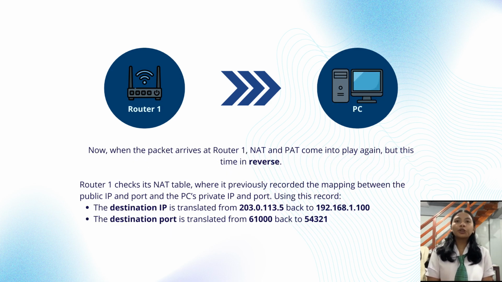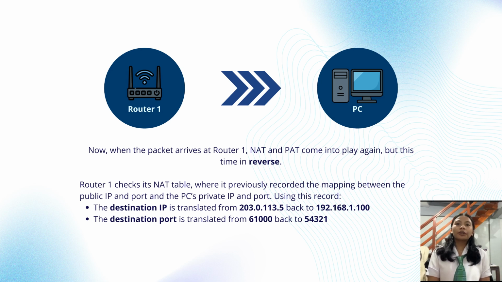Next is from router 1 to PC, or NAT reversal. Now, when the packet arrives at router 1, NAT and PAT come into play again, but this time in reverse. Router 1 checks its NAT table, where it previously recorded the mapping between the public IP and port number and the PC's private IP and port.